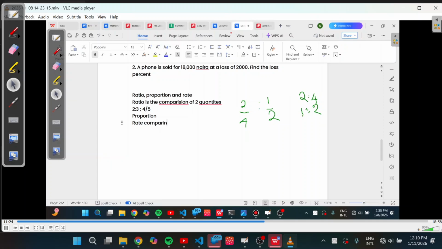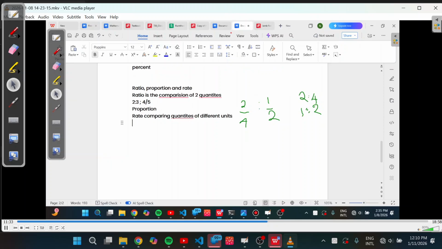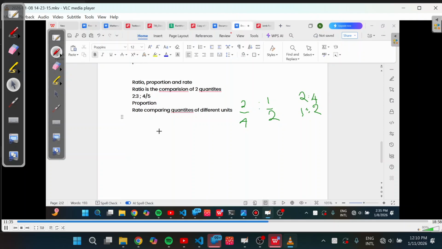So now what is rate? Rate is comparing the quantities of different units. For example, we have speed. Speed is kilometer per hour. If you are not clear on this, my video in physics should also make this clear.